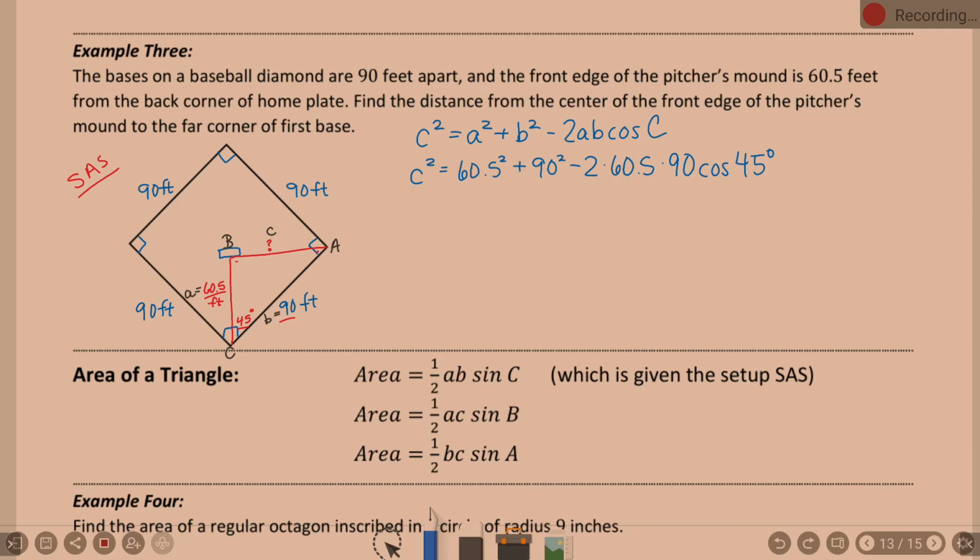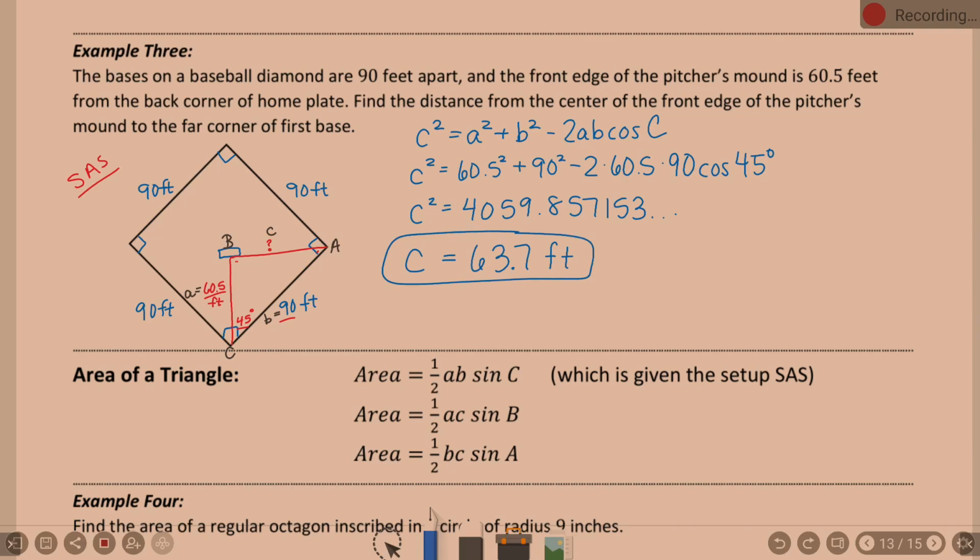So C squared works out to be 4,059.857153, and so on. When you take the square root, C becomes 63.7 feet. Not necessarily what I advise, but technically I did that without doing any cleanup, right?